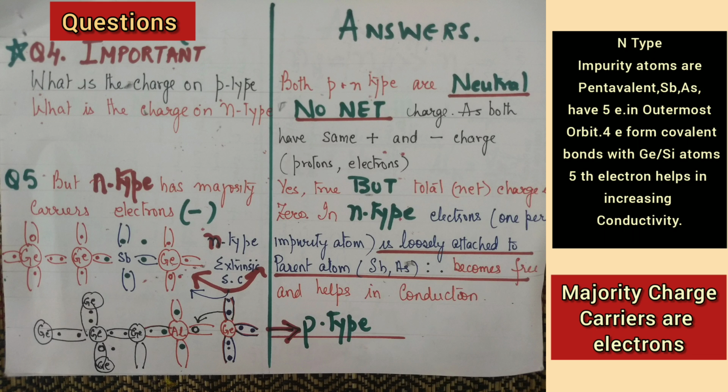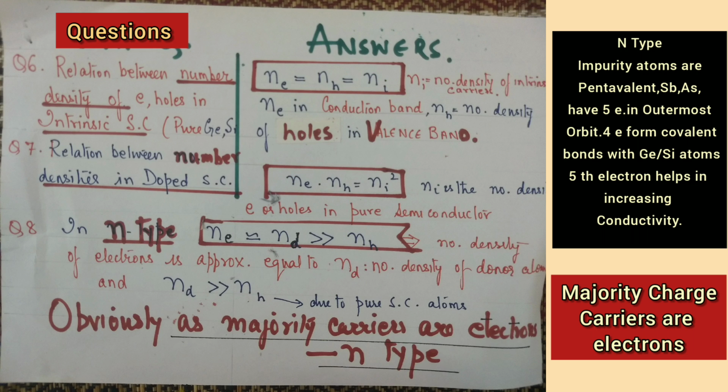So in an extrinsic semiconductor, conductivity increases manifold because of these impurity atoms added. This is the p-type semiconductor. In n-type semiconductors, pentavalent atoms from the 15th group are added.